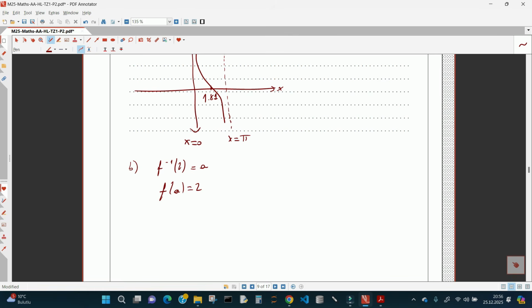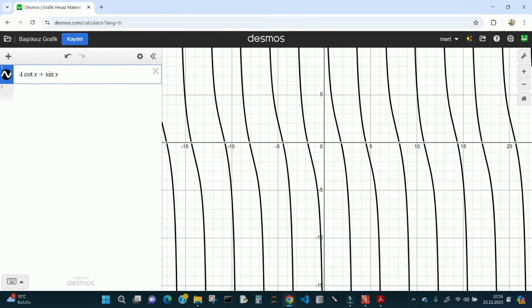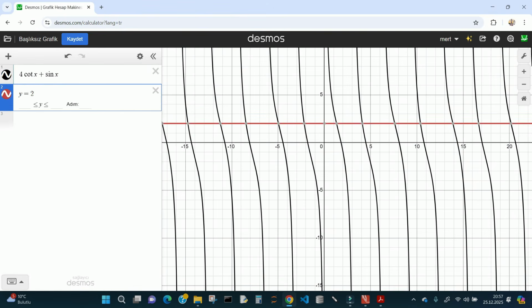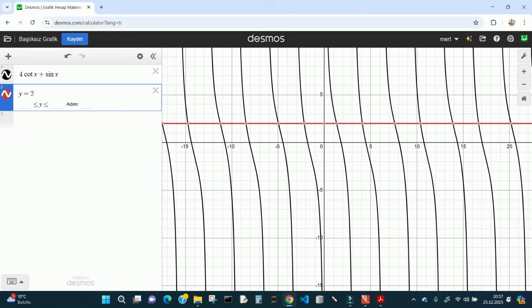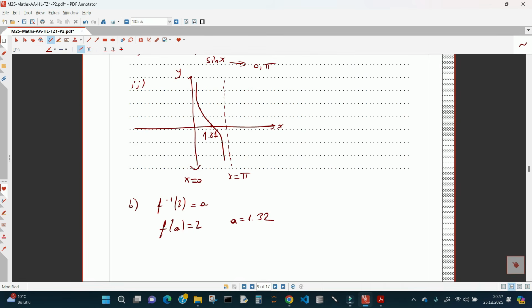So I can find the intersection of the line y equals 2 with the function. So it's going to be 1.32. Yeah, if you want, clarify or mention that you found it from the graph, right? This is the point that you mentioned.